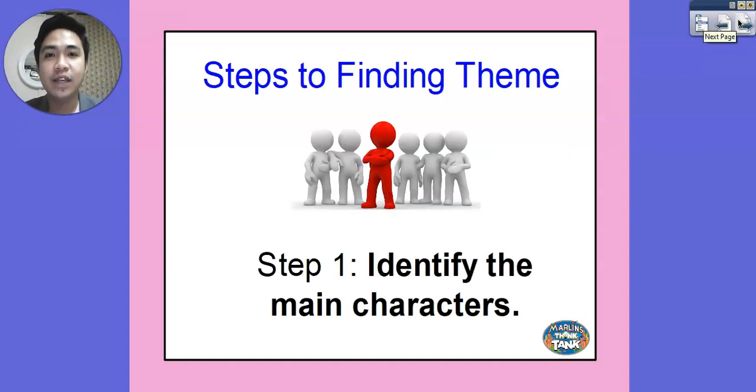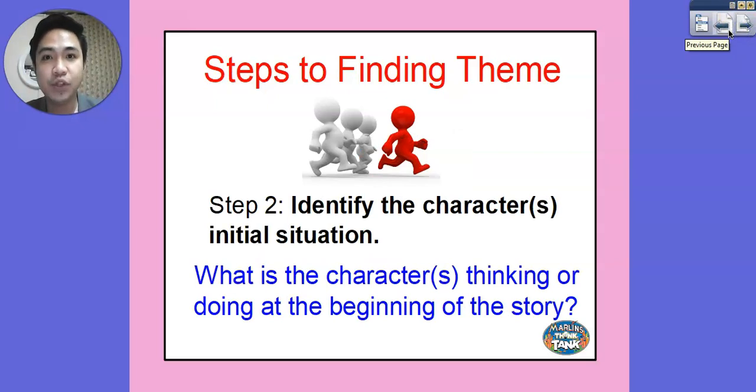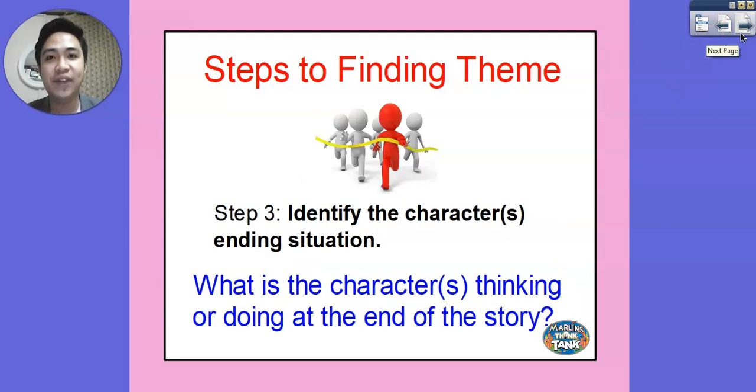Step 1, you need to identify the main characters. Step 2, identify the character's initial situation. So what are the things that you need to identify here? What are the characters thinking or doing at the beginning of the story? Step 3, you need to identify the character's ending situation.